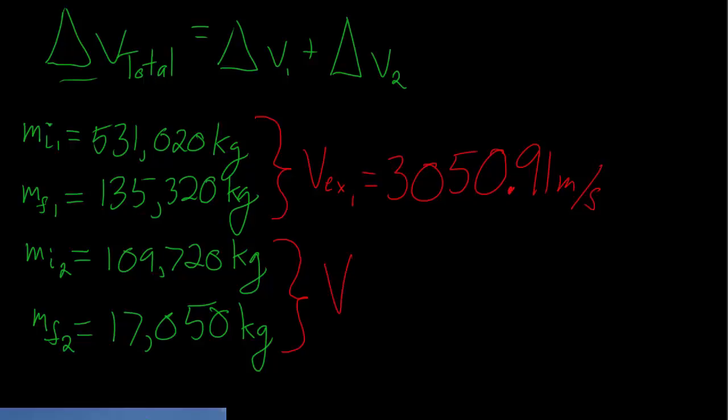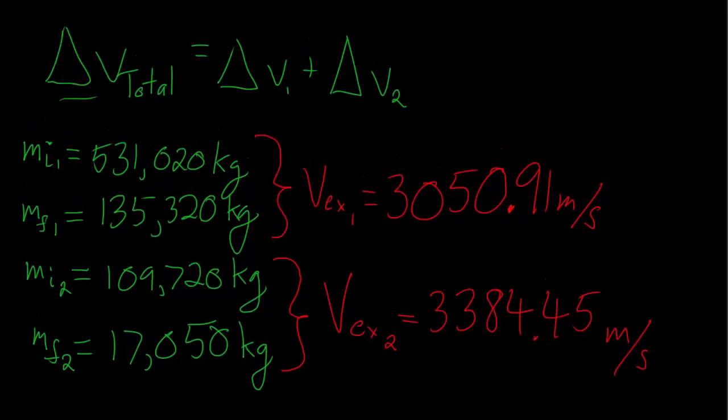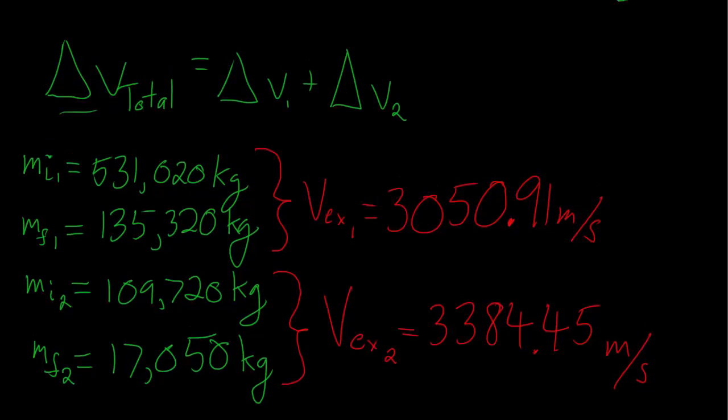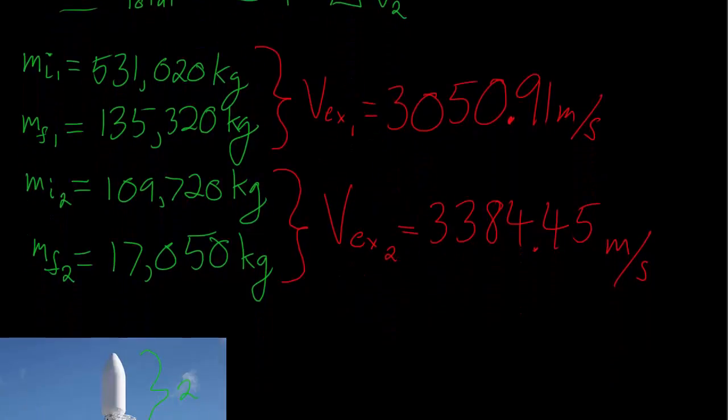And the exhaust velocity in stage 2 is 3,384.45 meters per second. Now that we have these numbers, we can calculate our change in velocity for each stage, and we can calculate our change in total velocity.